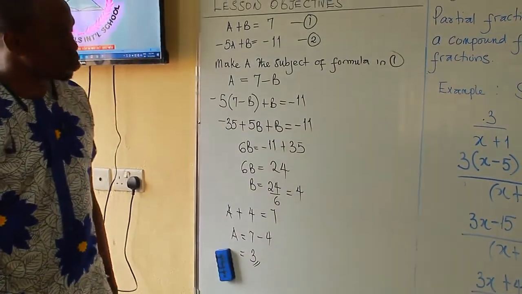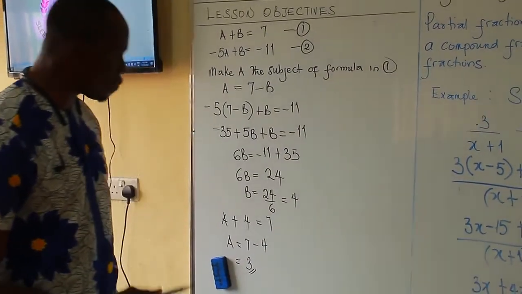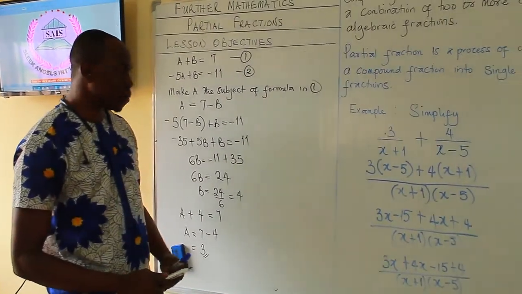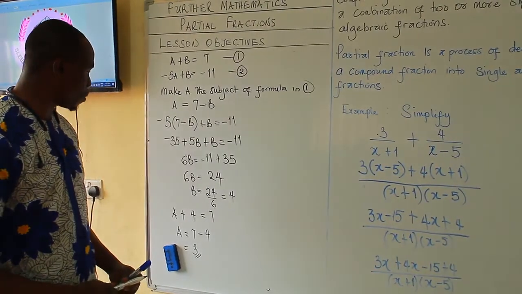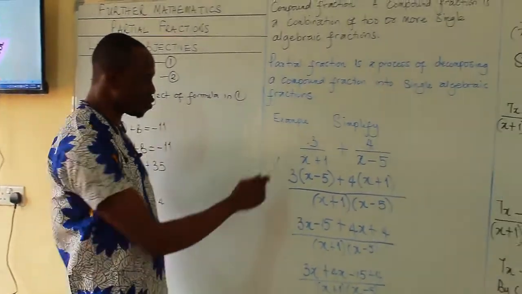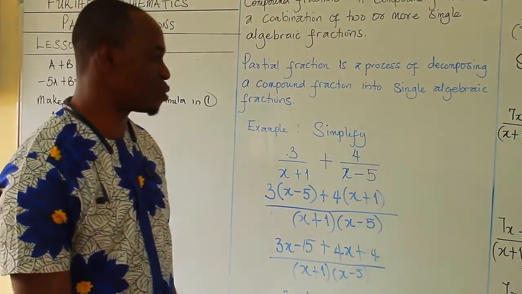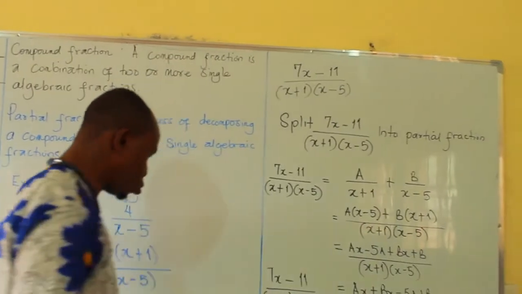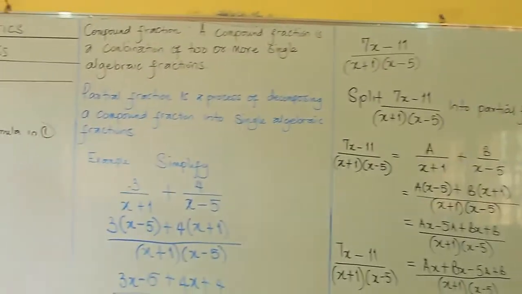This was a huge success because I just found that a is 3 and b is 4, which was what I said I was going to get from the question. So I have succeeded in splitting the compound fraction into single algebraic fractions.